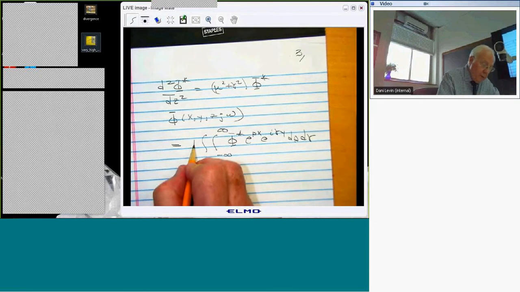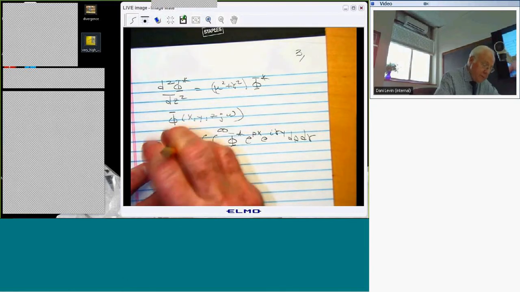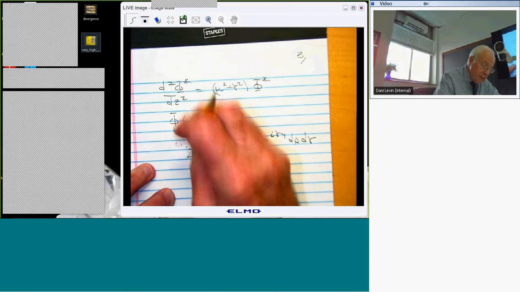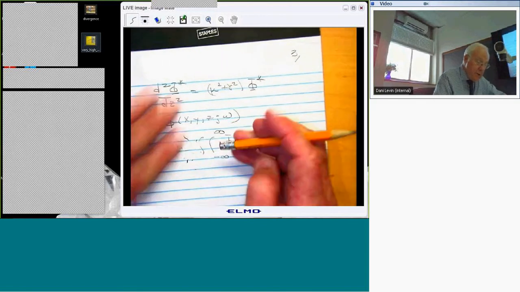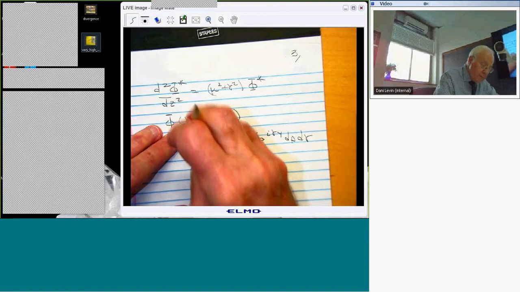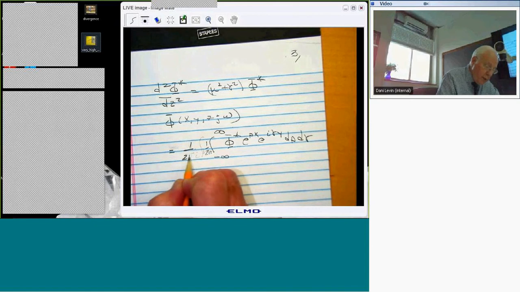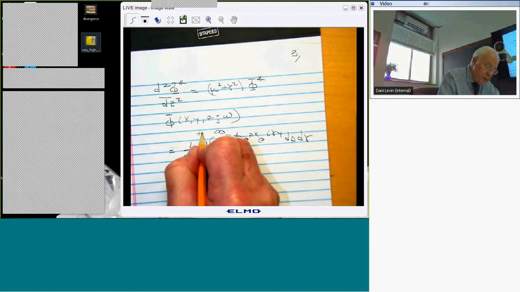Because I chose in a weak moment, it's a 1 over 2 pi here, and then because I use the Laplace transform with respect to x, it's 1 over 2 pi i, and the integral from minus i infinity to plus i infinity. Okay.